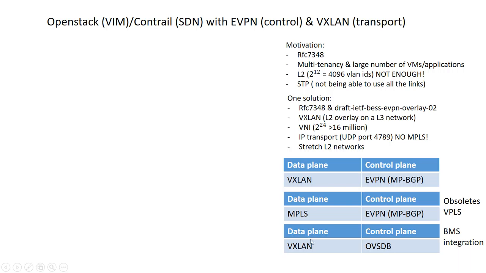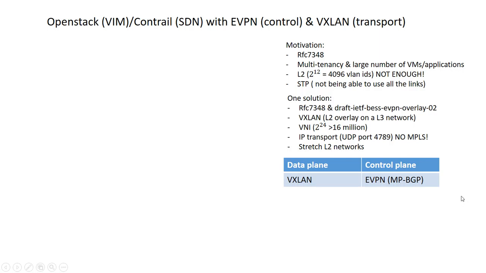Also, VXLAN as such can work with another control mechanism called OVSDB, and that is used for bare metal server integration. Probably in one of the next videos, we are going to demonstrate this functionality as well. Contrail supports OVSDB as well. But in this video, we are just going to demonstrate VXLAN and EVPN.